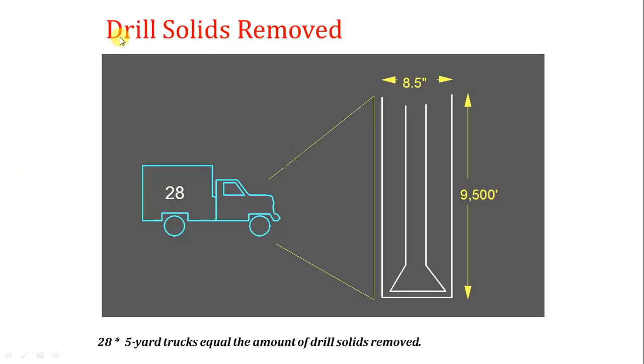Can you imagine with me the amount of solids that we need to handle? For example, if we start to drill an 8.5 section for plus or minus 9,500 feet, can you imagine how many trucks, where each truck is 5 yards? A yard is 0.91 meters, so it's about 4.5 meters wide, meaning 4.5 meters multiplied by 4.5 meters.